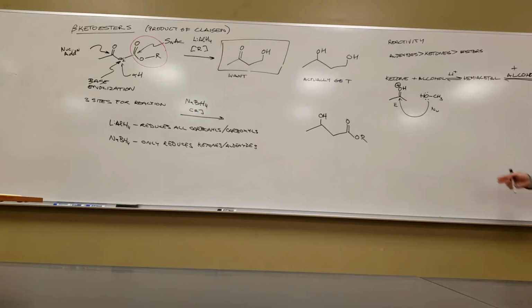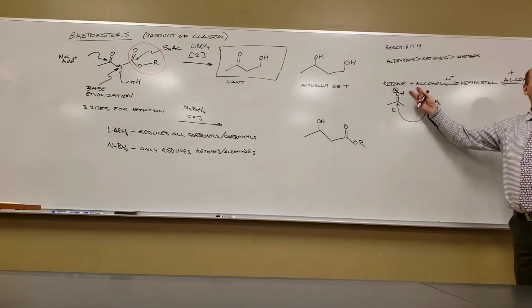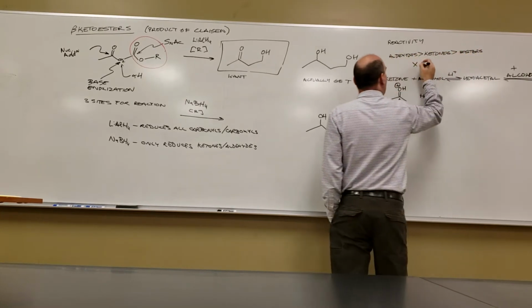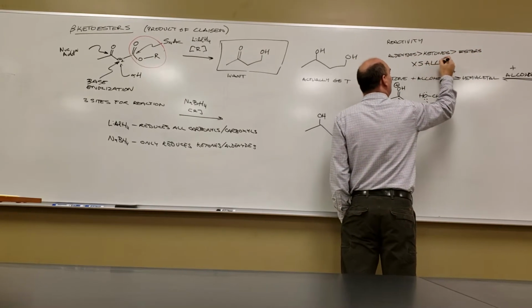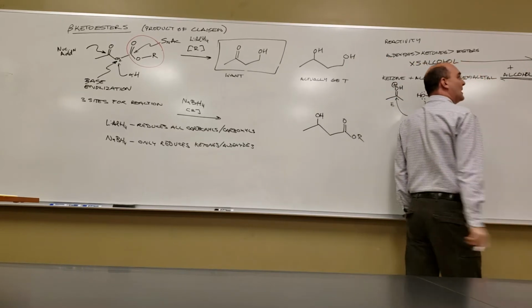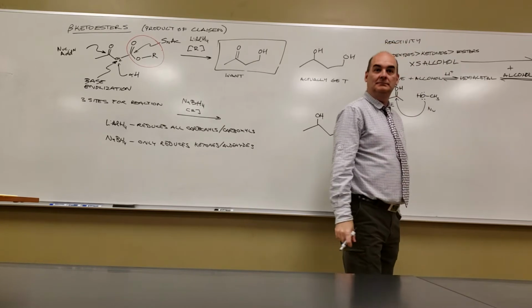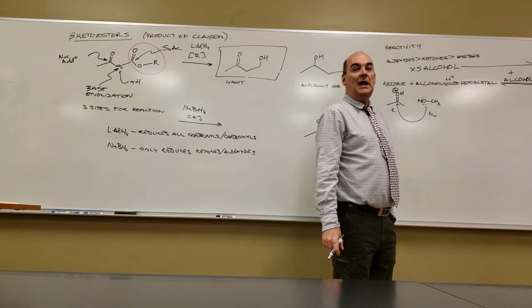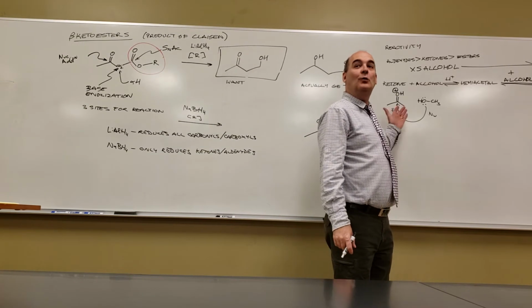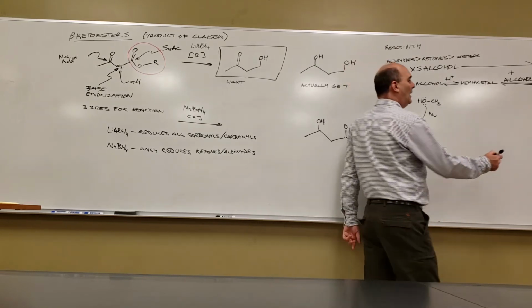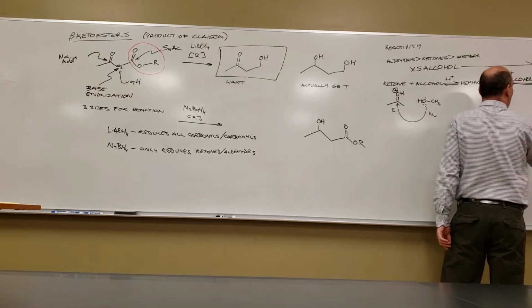So, if I mix a ketone with a lot of alcohol, if I have excess alcohol, my equilibrium rides that way. At the end of the day, when I don't want my ketones to be acetals anymore, or ketals, I add lots of water.